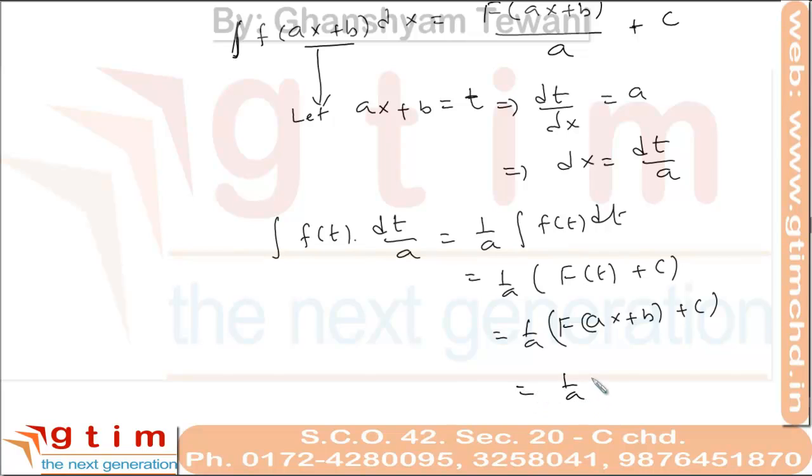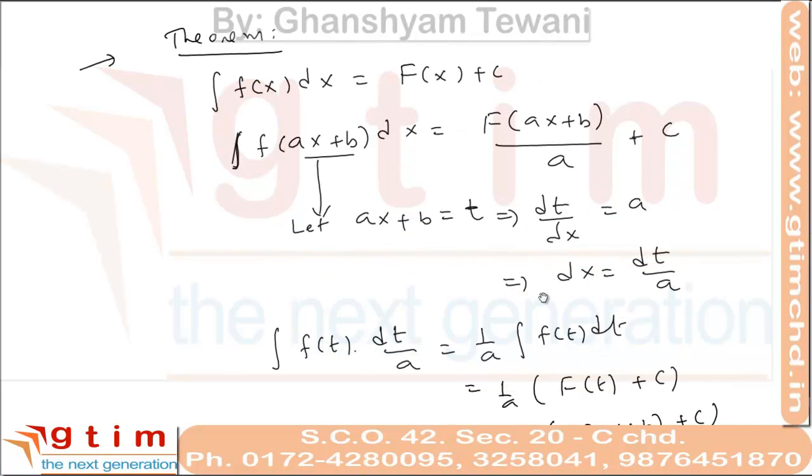This is 1 upon a times capital F of ax plus b, and c upon a is again a constant. We can put that as a new constant of integration. So what we understand from this formula is, if we have the function ax plus b, then divide the integration of f(x) by a.